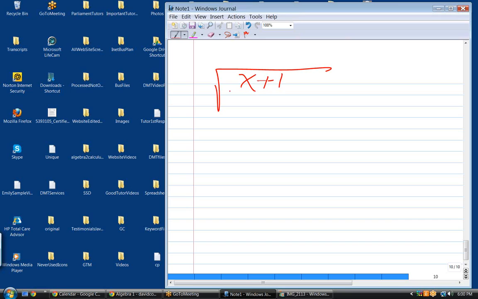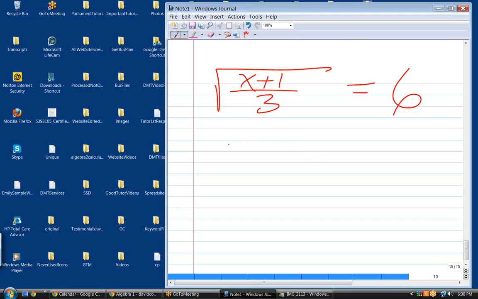The square root of (x plus 1 over 3) equals 6. What's the first step? Divide by 3? No, that 3 is inside the radical. So I can't multiply by 3. So you square. Right, square both sides.